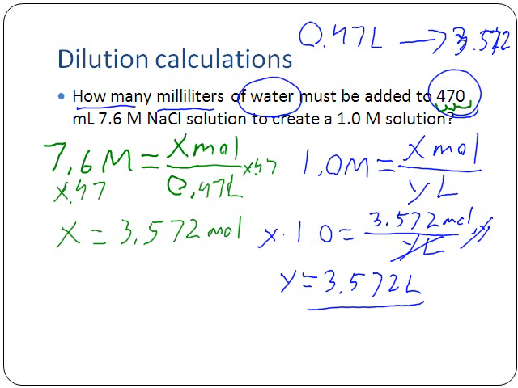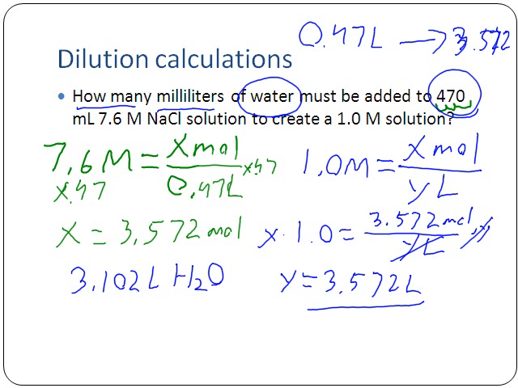All we do is we add solvent. We're adding water. And so to go from 0.47 to 3.572, we'd have to only add water there. And so to find the amount of water, we're just going to take the difference. So we take 3.572 minus the original 0.47. And in doing so, we get 3.102. And so 3.102 liters of water would be added.